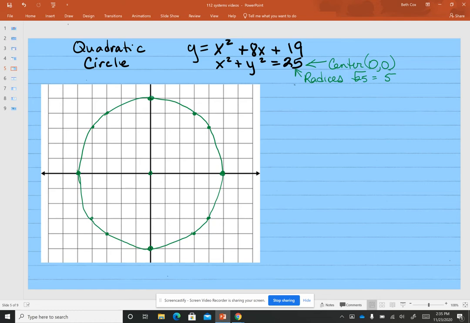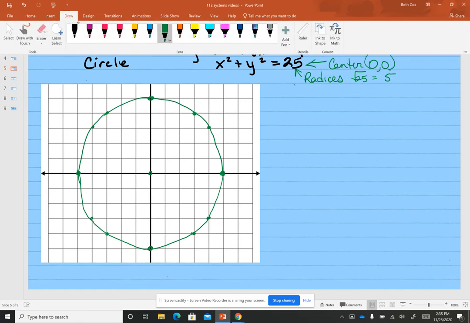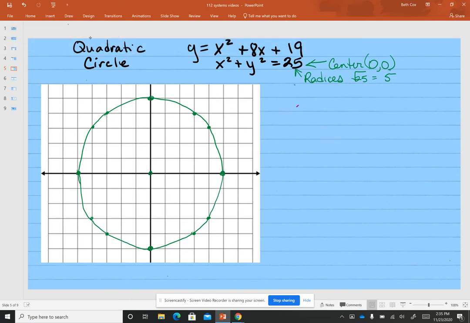Now, the second one is a quadratic. This one is not easily made into plotting points. We could plot points, but there was also a really easy way that we did when we studied quadratics, and that was by graphing the vertex. So let's do the vertex. It was that formula, negative b over 2a, and then we plugged it in. So the x member would be negative 8 over 2 times 1. So that's negative 4.